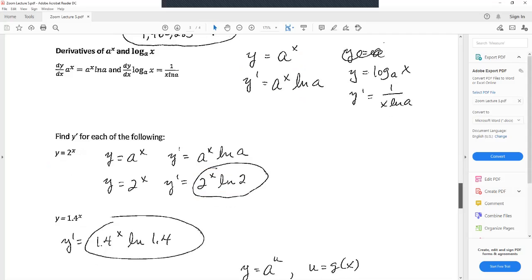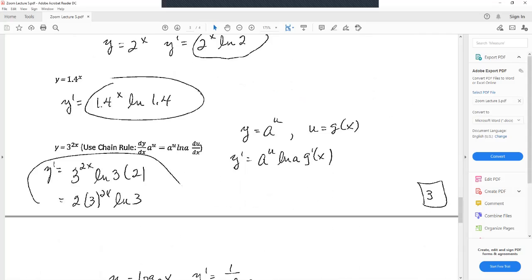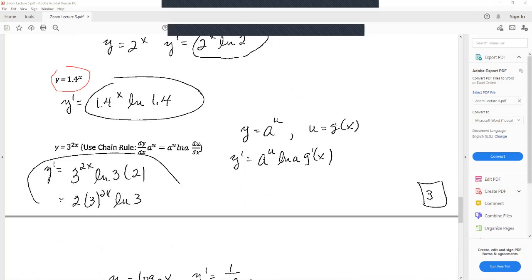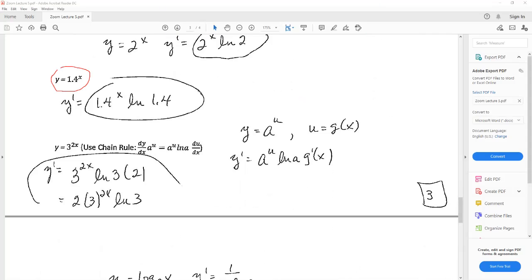Let's take a look at another one. Here we have y is equal to 1.4 to the power of x. So again, this is just an a to the power of x, and the derivative is a to the power of x times the natural log of a.